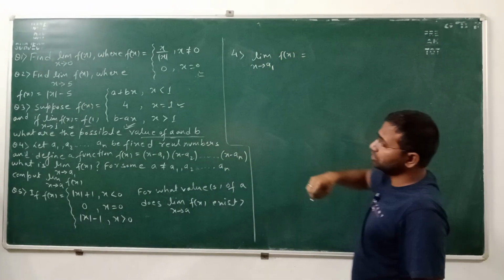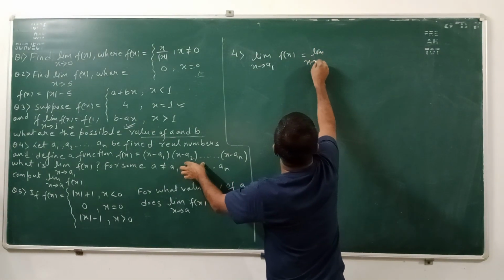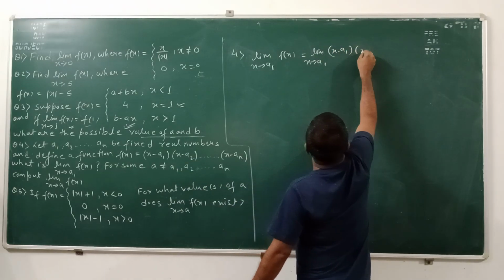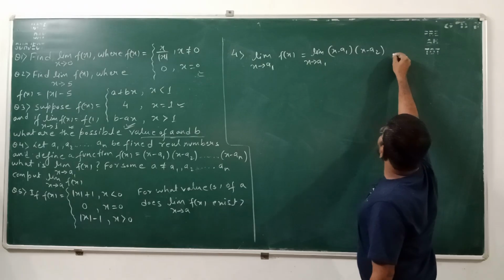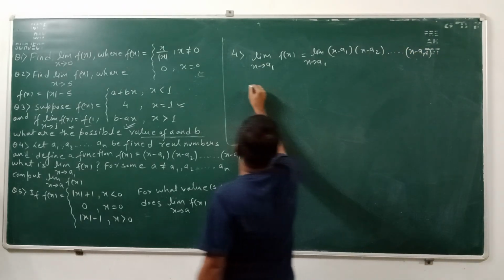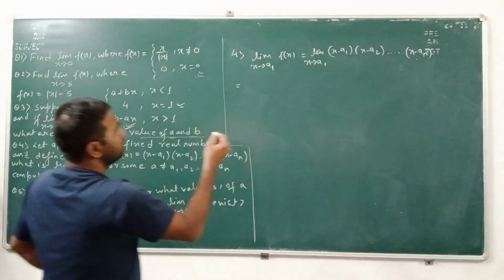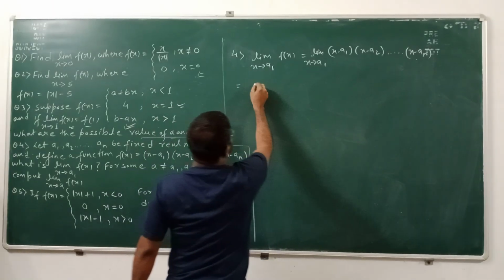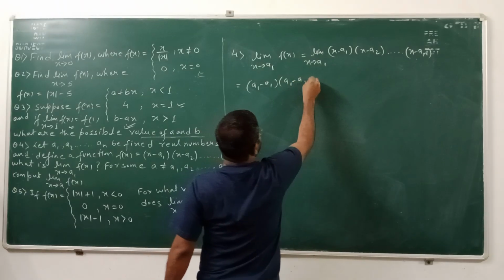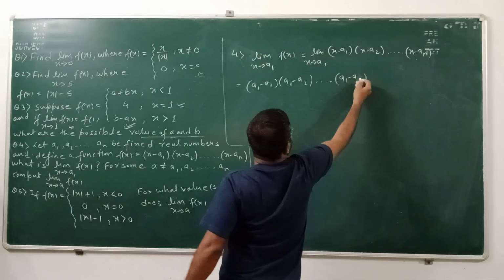Okay, now here in place of f(x) write the function: limit x tends to a1 of (x minus a1)(x minus a2) dash (x minus an). When you put the value of x as a1, you will get a1 minus a1, then a1 minus a2, dash, a1 minus an.